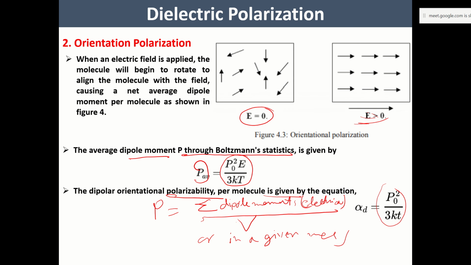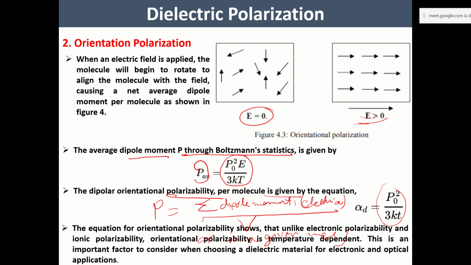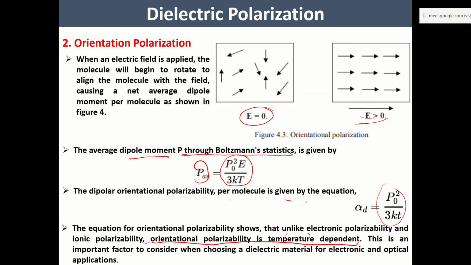So this polarization P is a similar term. The only thing is that instead of magnetization, here we use the term polarization, a quantity that we use for calculating it. This is a measurement done when you sum up all the dipole moments together over the entire material. That is polarization.